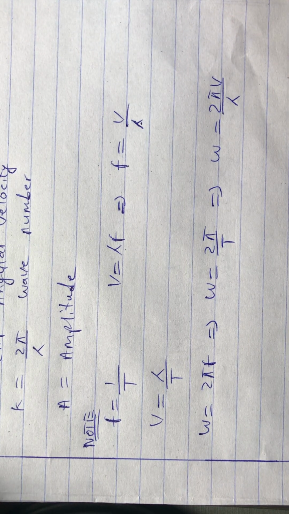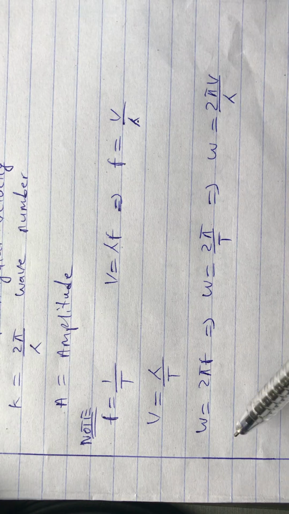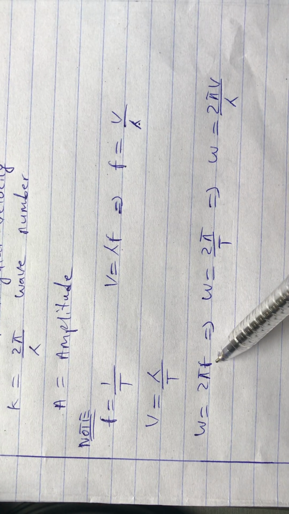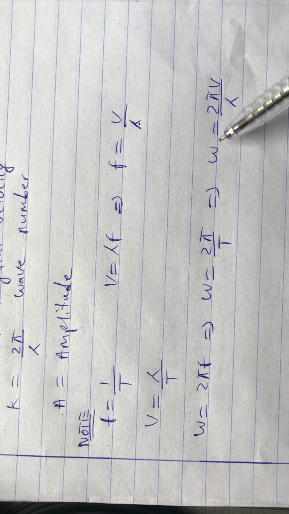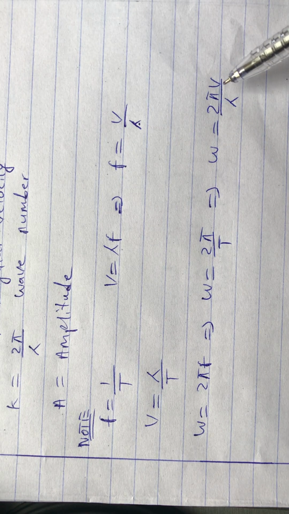At this point, you can see that w equals 2 pi f, and also equals 2 pi all over T, and also equals 2 pi times v all over lambda.